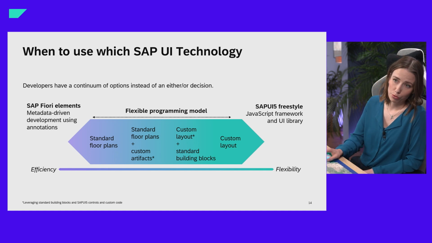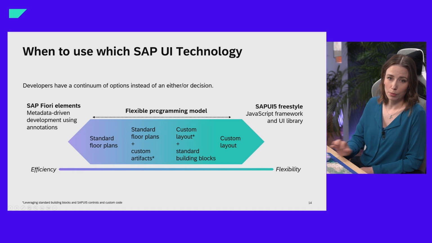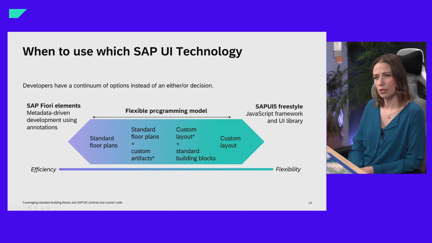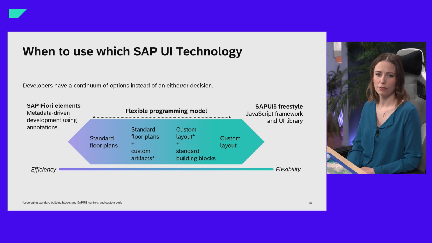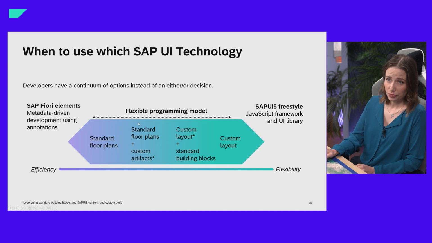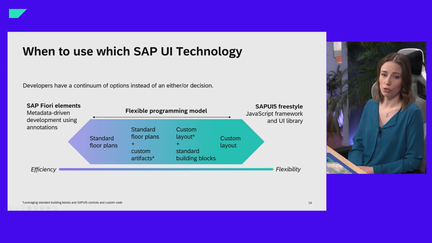The flexible programming model you see here means you can combine freestyle UI5 development with classical coding, or you use the building blocks from SAP Fiori Elements very flexibly. The more SAP Fiori Elements building blocks you use, the less development effort you have. If you use a standard floor plan, you have no development effort at all.